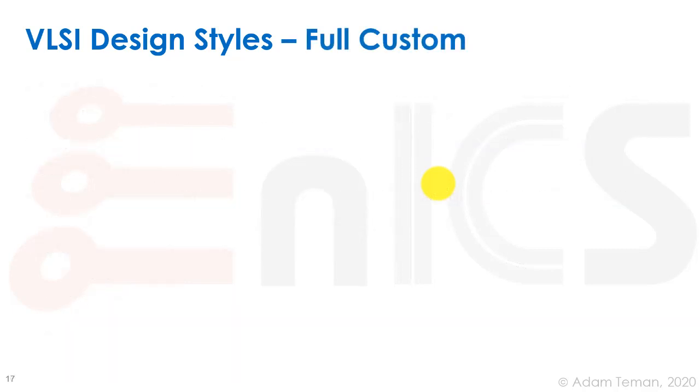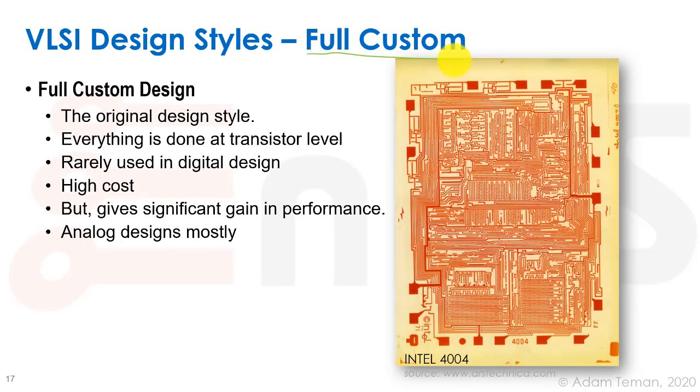Okay, so the traditional style is what we call full custom design. That's how it all started. And over here on the right, we have a picture of the Intel 4004. This was the first microprocessor, the chip that made Intel, probably the leading company in chip design for the last 30 or 40 years.